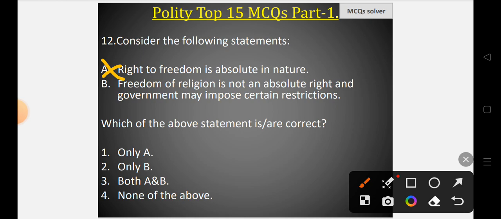Also when it comes to statement B, freedom of religion is not an absolute right and government may impose certain restrictions. Yes, this statement is correct. It is because in freedom of religion, there can be many religious practices like sati, or in some places earlier there used to be human sacrifices also.